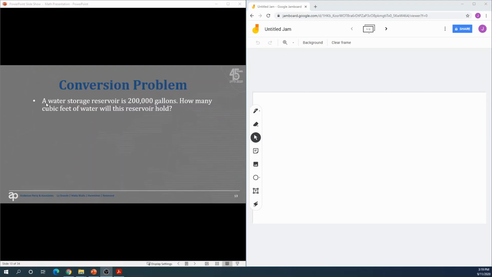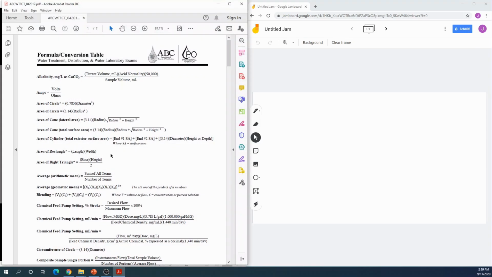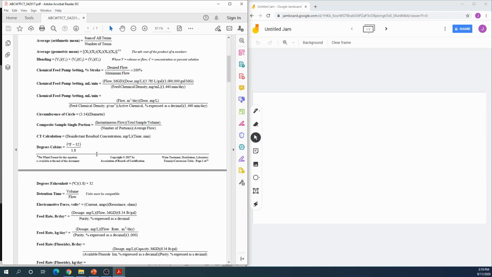So conversion problem. A water storage reservoir is 200,000 gallons. How many cubic feet of water will this reservoir hold? So the first thing we have to do is convert this from gallons to cubic feet of water. So looking at our cheat sheet here, I'm going to scroll down.